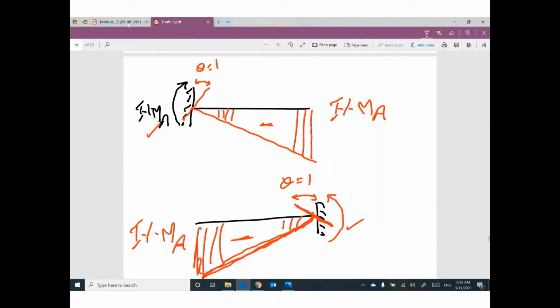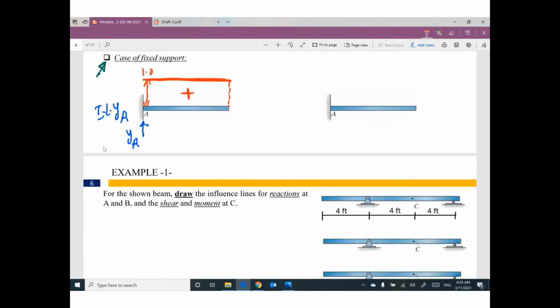So if you go back to this one, we have here moment at this fixed, MA. I assumed it to make this beam smile. If you would like to draw influence line for MA, please rotate this fixed by angle theta equal 1. In which direction? Clockwise or anti-clockwise? I'm not sure, but please rotate it in the same direction as MA. So I will rotate it clockwise.